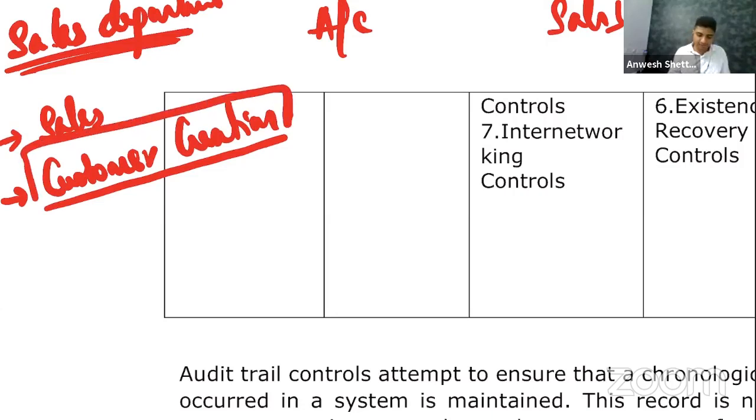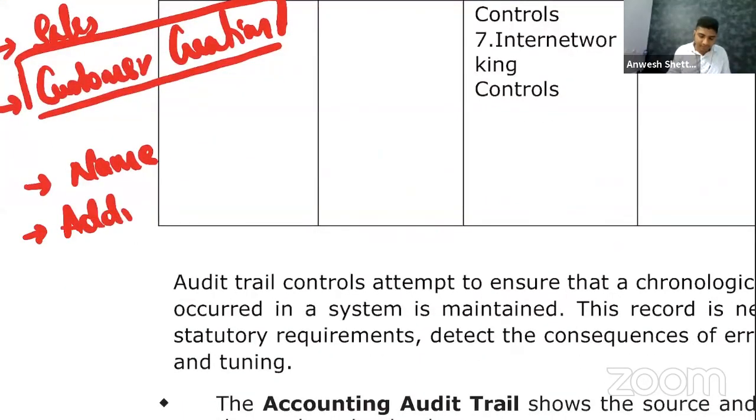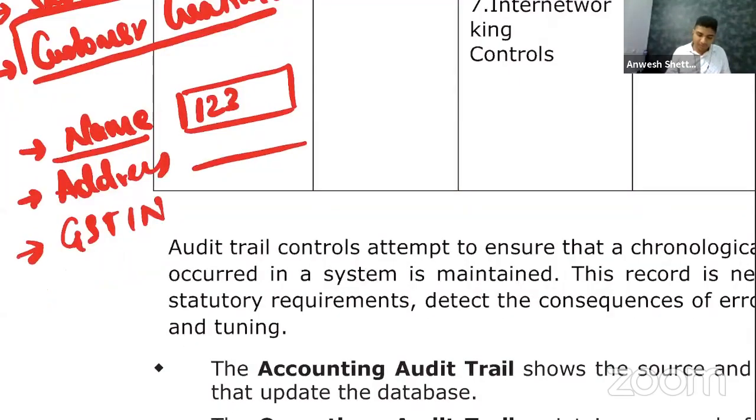There are fields where I'm supposed to put his name, then address, then let us say his GSTIN details, all the details. But let us say in the name column, I put his name as 123. And then I put the proper address, proper GSTIN, and I click on save.